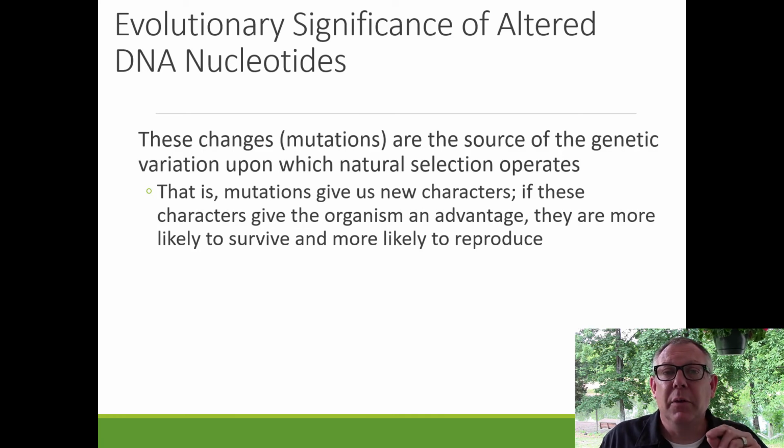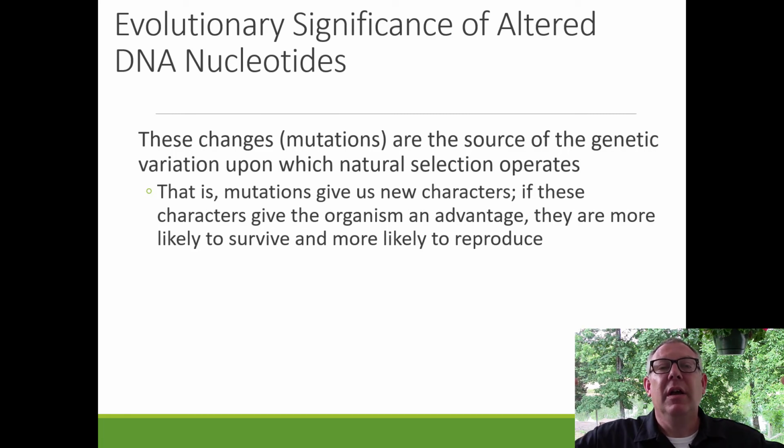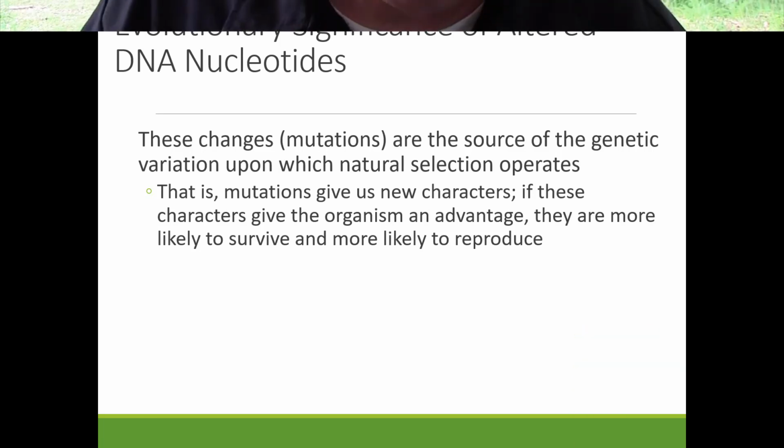And if they're more likely to reproduce, they're going to pass that new character on to their offspring, and their offspring are going to have this new advantage. And over the millions and billions of years of evolution, this is how we get new traits and how new organisms evolve. And so, of course, we'll talk about that in a lot more detail when we get into evolution and natural selection. But that's why mutations are important.